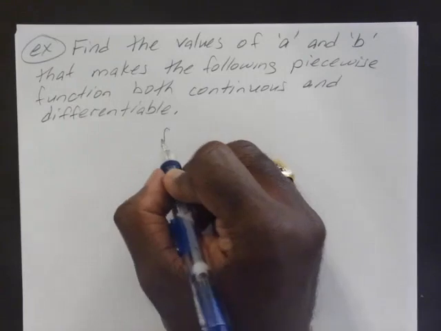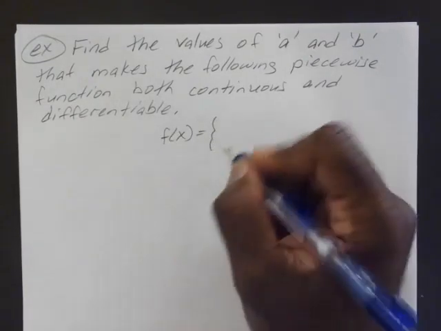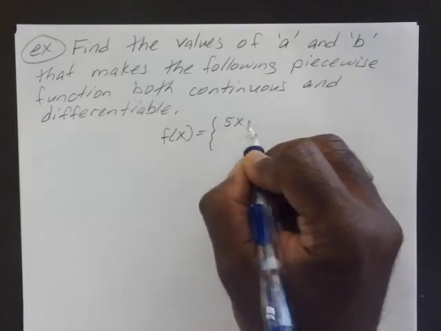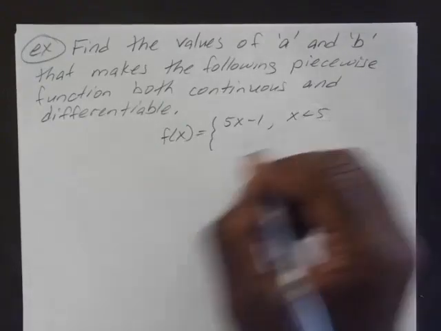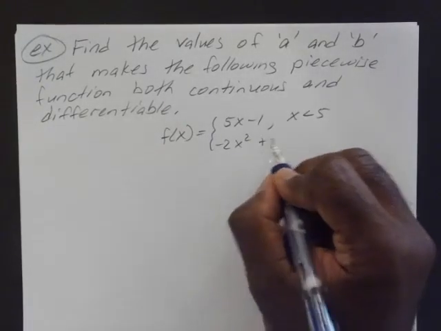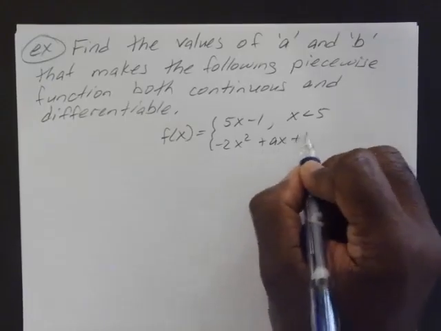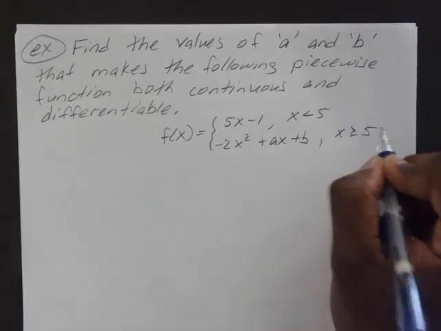Okay, so what if our piecewise function is f of x is equal to 5x minus 1 when x is less than 5, and negative 2x squared plus ax plus b when x is greater than or equal to 5.